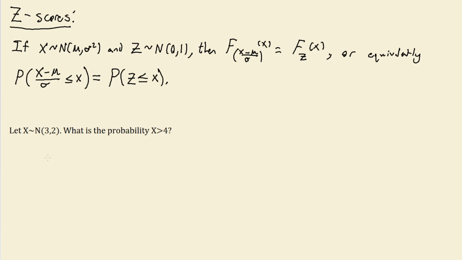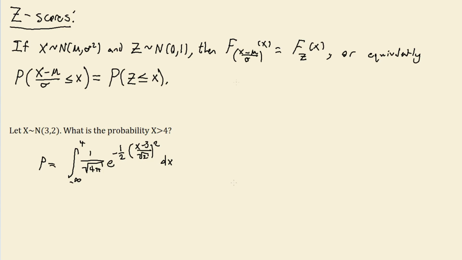We could say that this probability is equal to the integral from negative infinity to 4 of 1 over the square root of 4 pi, because that square root of 2 would go into this square root, e to the power of negative 1/2 times x minus 3 over the square root of 2, squared, dx. If you evaluate this integral, this will give you that probability.